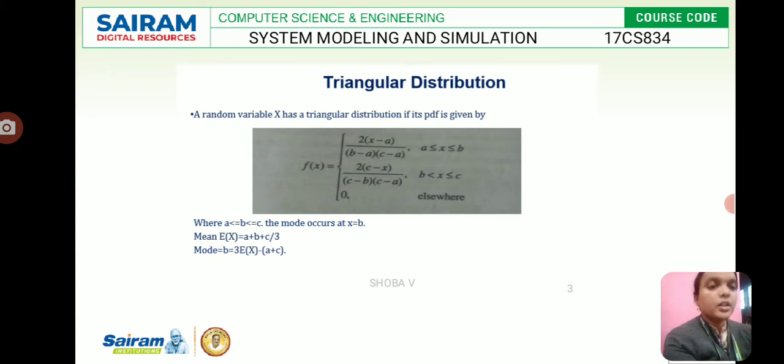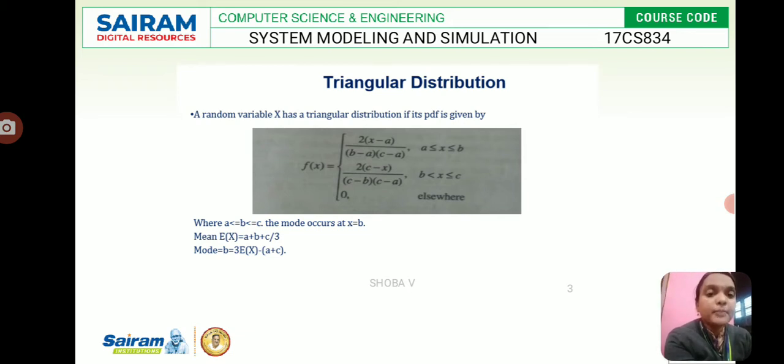So for B less than x less than or equal to C: 2 into C minus x divided by C minus B into C minus A. So they have given a mode which occurs at the random variable x equal to B, so that A is less than or equal to B less than or equal to C.